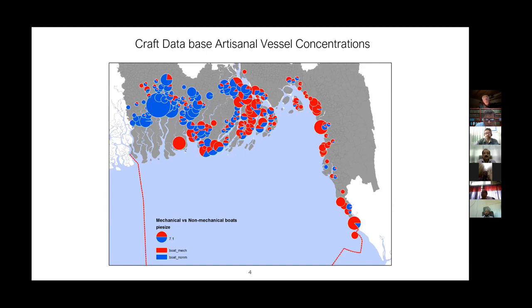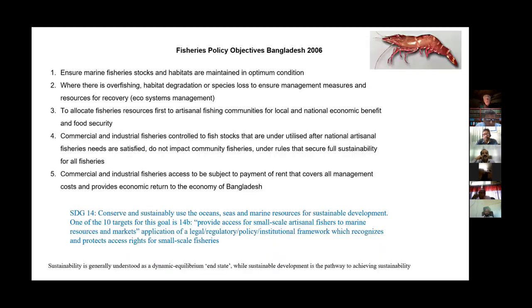This shows us where the artisanal sector needs priority to be able to reach the fishing zones which will support fishing communities. Bangladesh 2006 fisheries policy objectives were set out at that time and still apply.